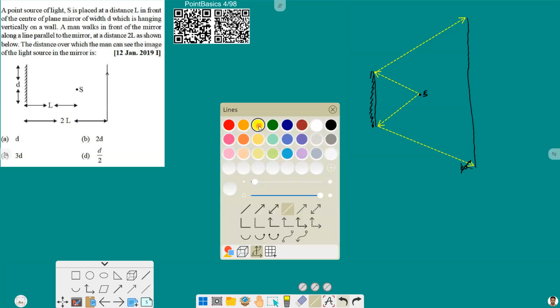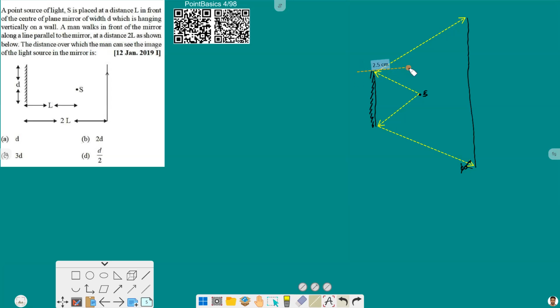If we draw a normal here, we can easily say that if this angle is theta, then this angle will also be theta. Now we can calculate theta from here, as this distance is L and this distance is d by 2, because the total distance is d. From this right angle triangle we can write that tangent of theta will be equal to d by 2L.